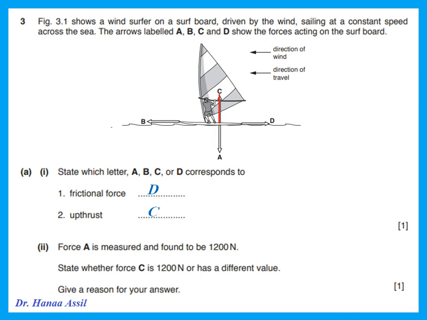Remember that he's moving to the left at constant speed. He's not going up or down. So C should be the same as A. A and C are 1200 Newton since these forces are balanced. Remember, it says state and give a reason.